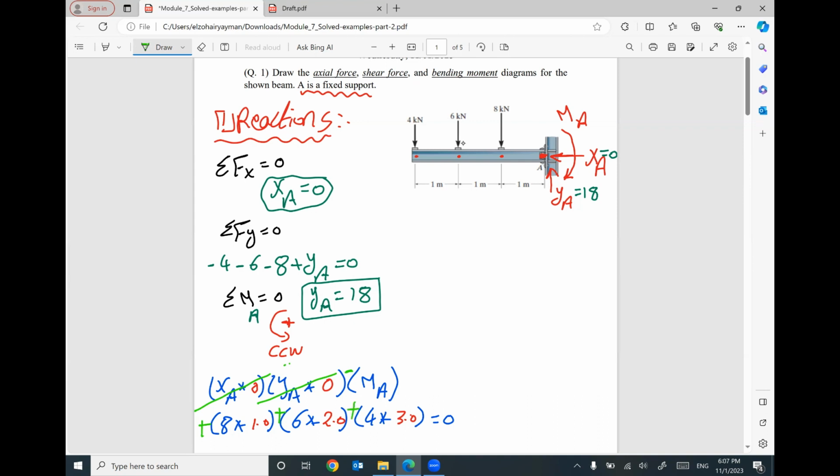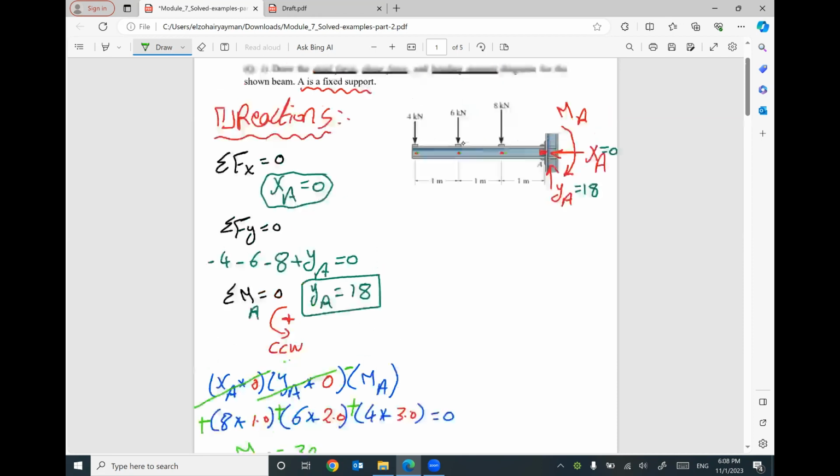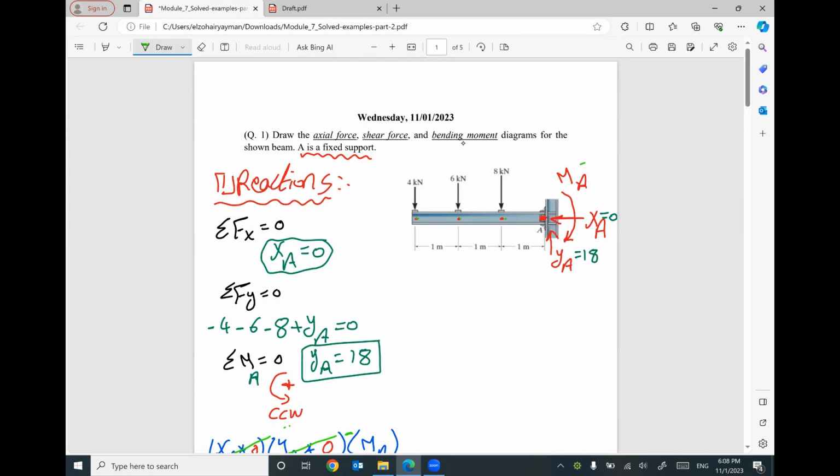All of these forces going down will rotate about A counterclockwise. The only unknown in this equation is MA, so I can figure out its value. It will be 8 plus 12 plus 12 equals 32. So this moment equals 32, and this direction is correct.